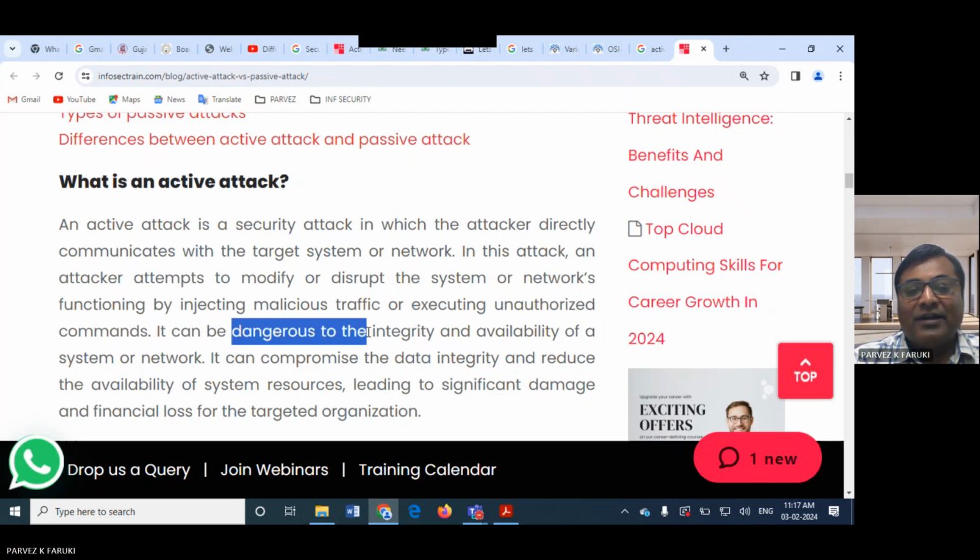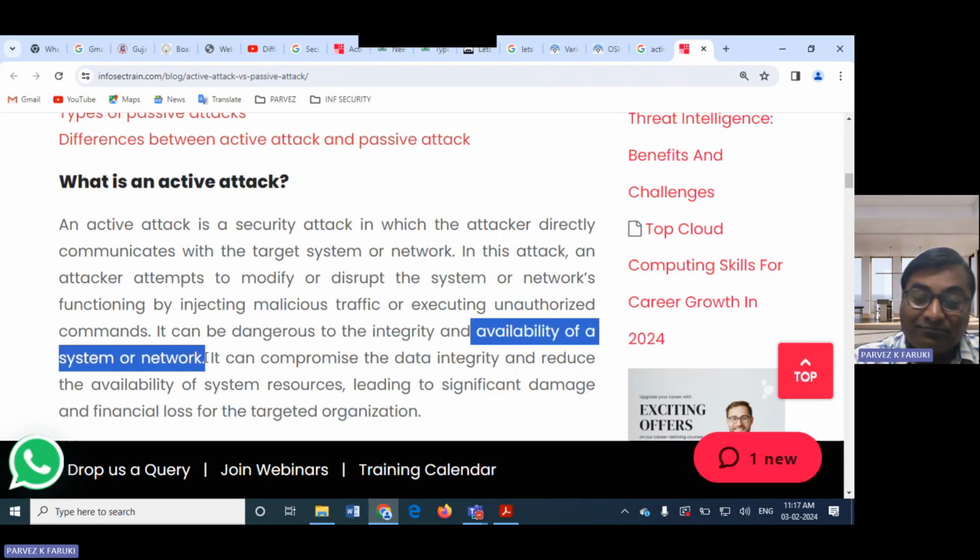So what can happen? It can just make the server go non-integrous. It will ensure that the availability of a system or network is no more. So in a denial of service, a server is not serving the client, and hence I believe there is a lot of issue that's going to happen.